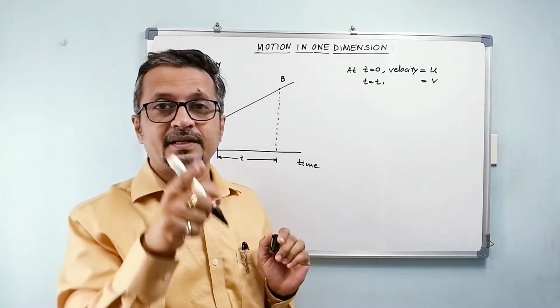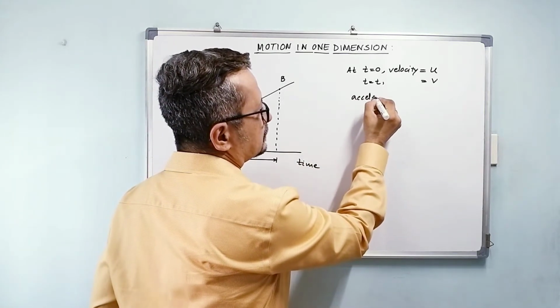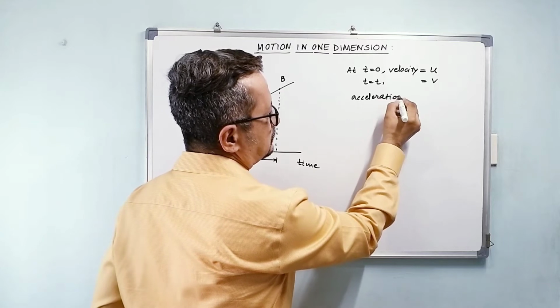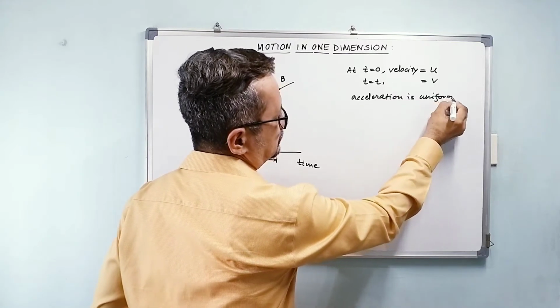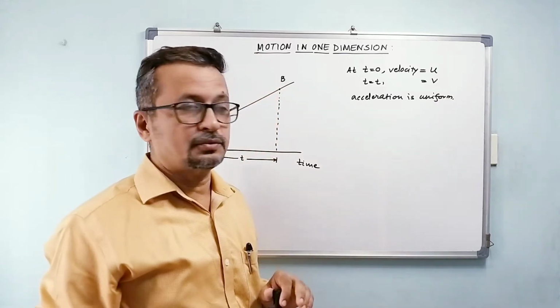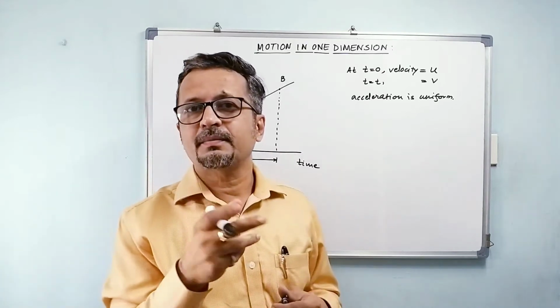We say that the acceleration is uniform, so the gradient of AB is going to be my acceleration.